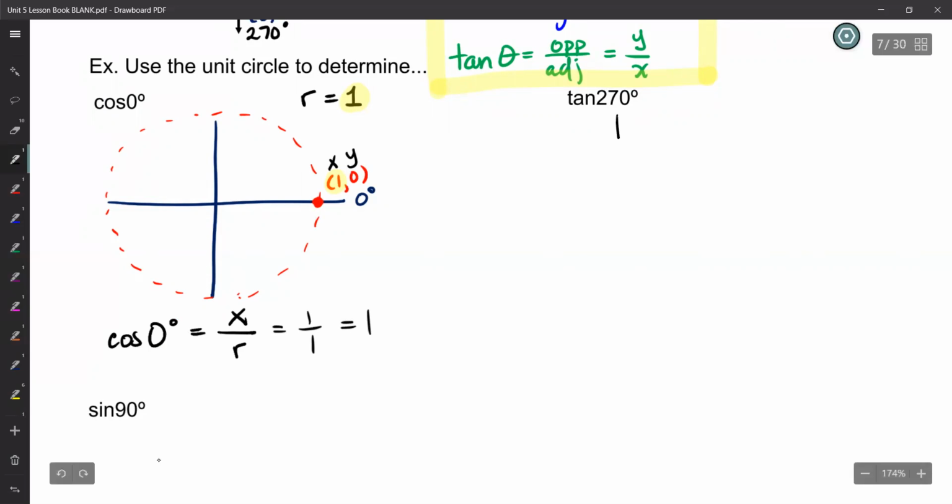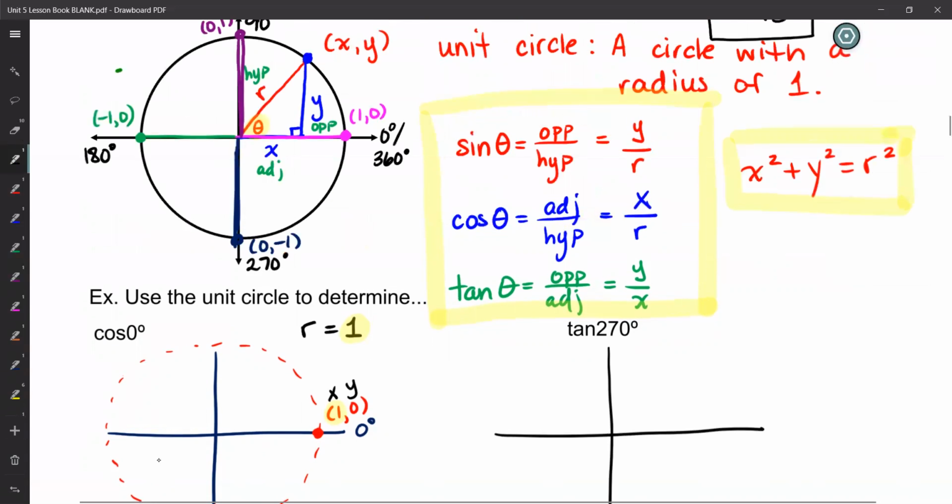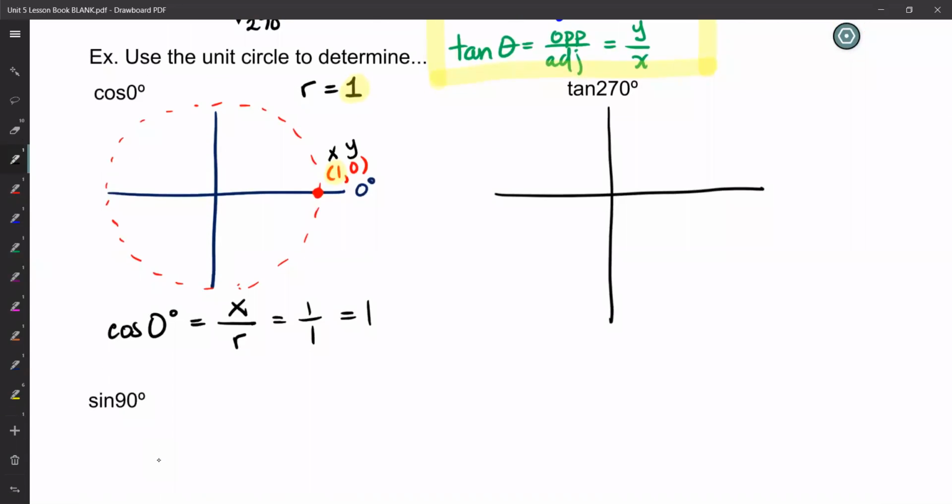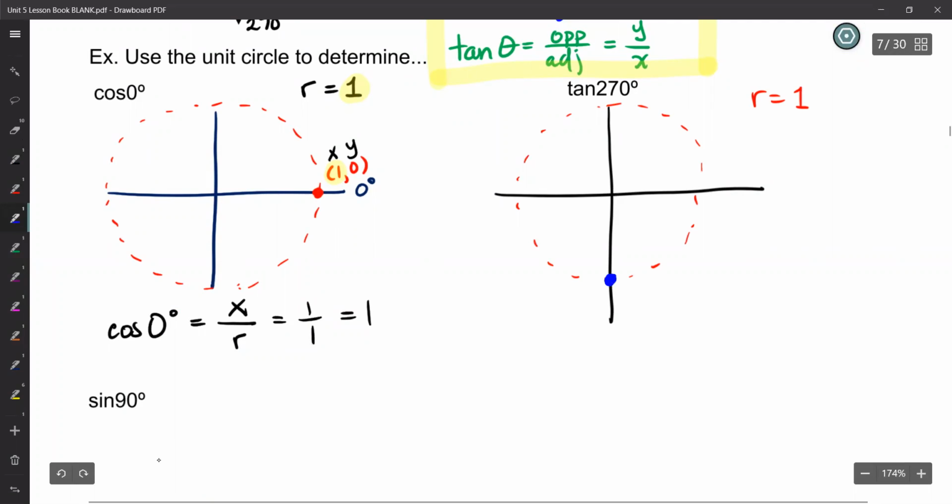Okay, so similarly, we can do this with any other location on these actual lines themselves using x, y, and r, and this stuff that we came up with up here. So 270, so if we think about the unit circle, here's our unit circle. It still has radius 1, always. And here's our location down here. And we said this location down here is 0, -1.